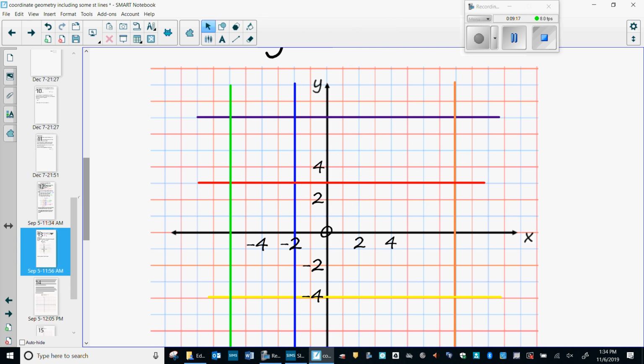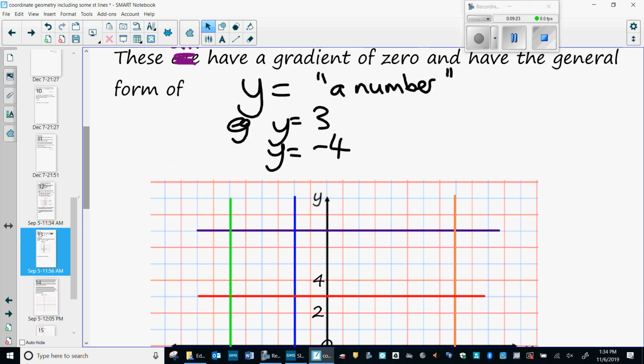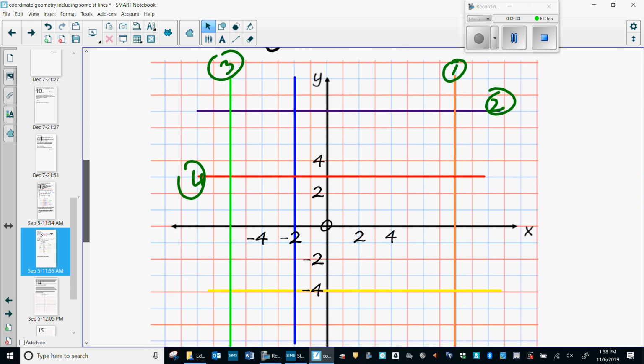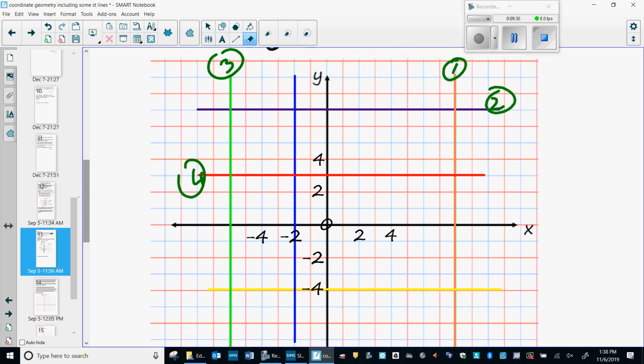Alright, so we're going to go through these now. I don't know how you label them, whether you just colour code or use numbers. I'm just going to do them as I get to them.